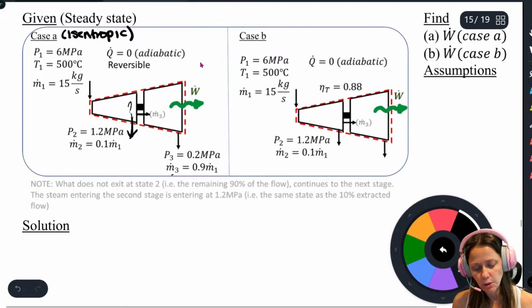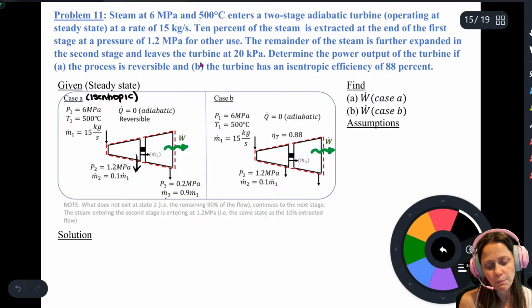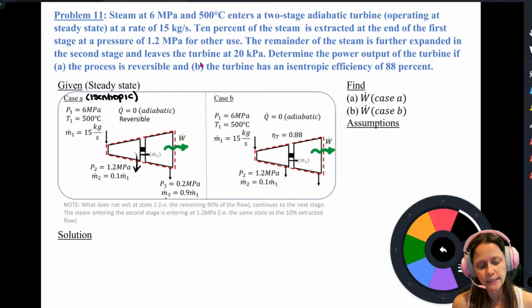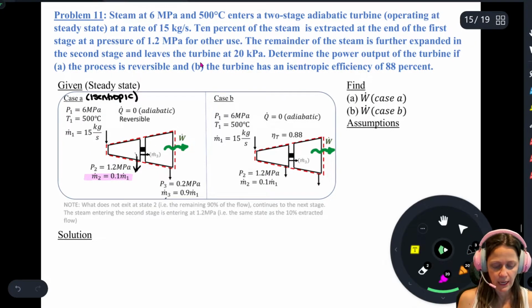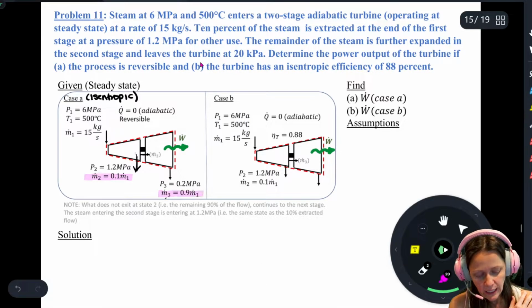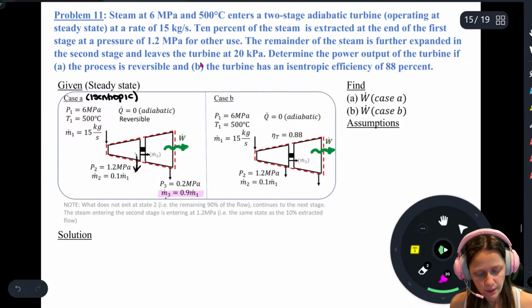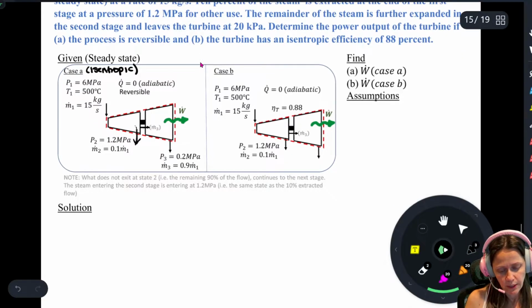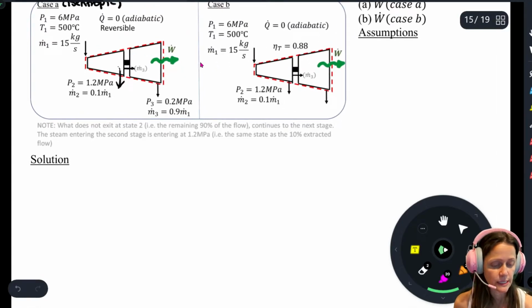And the way that the problem is phrased, they say that 10% of the steam is extracted at the end of the first stage. So that's 10% of the mass extracted at the first stage, and then the remaining 90% is allowed to fully expand.